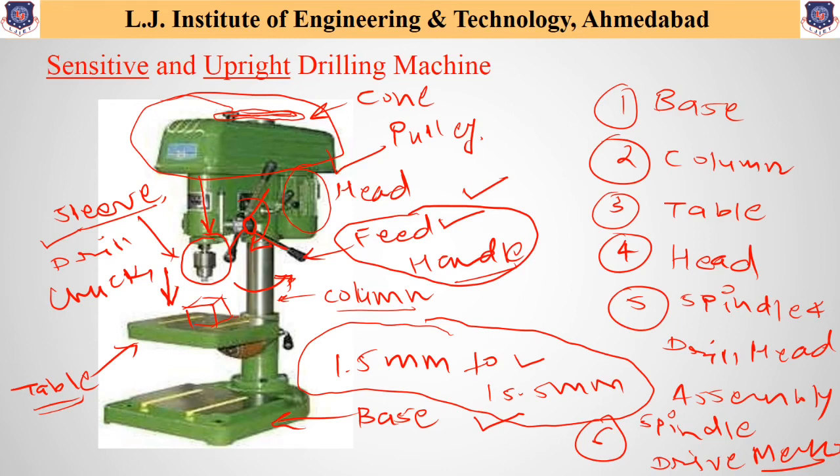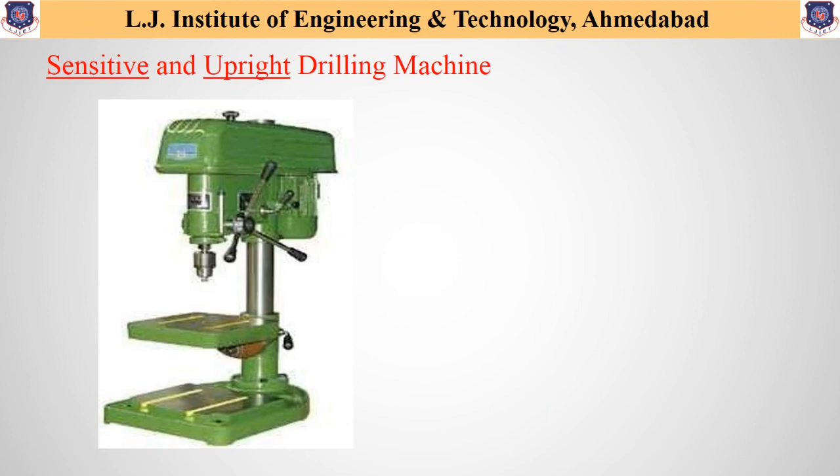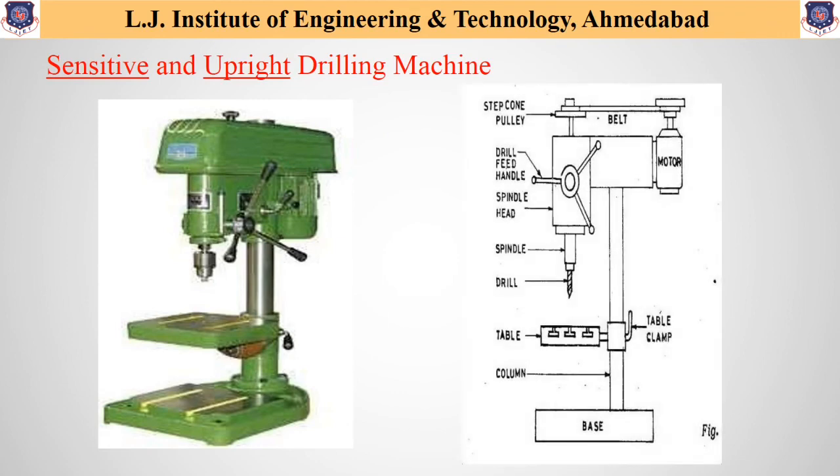So from an exam point of view, one can consider this simple figure also, and this figure shows each and every part that we have discussed that are available in sensitive and upright drilling machines.